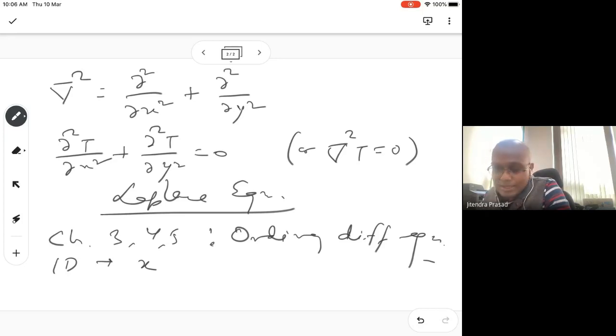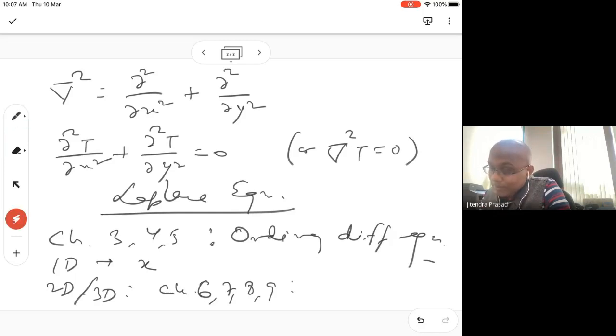But in 2D and 3D, in chapters 6, 7, 8, and even 9, we will have partial derivatives. So this is a PDE, a partial differential equation.